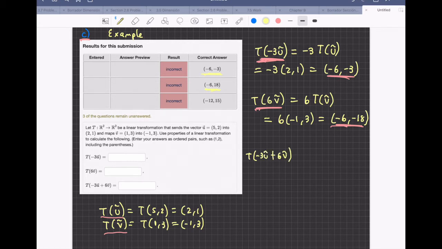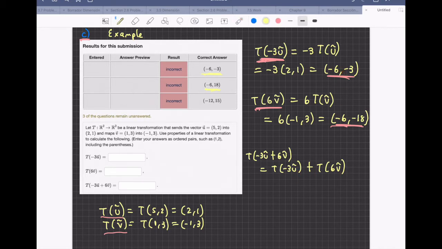Again, we know this is linear, so I can distribute the transformation into the two terms. I mean, this is going to be t of negative 3u plus t of 6b. But I already have what these values are, right? T of negative 3u is negative 6, negative 3, and this is negative 6, negative 18.